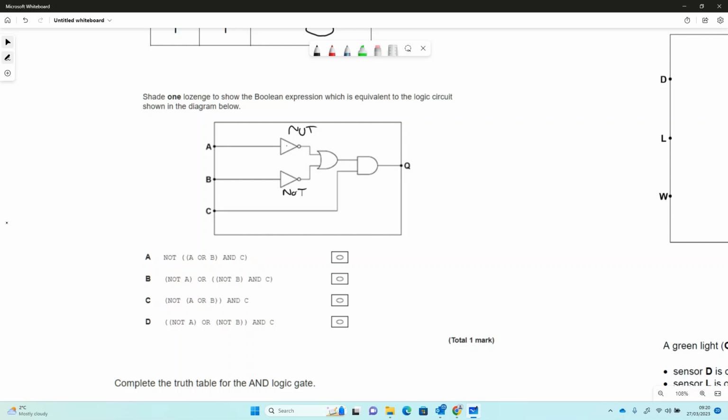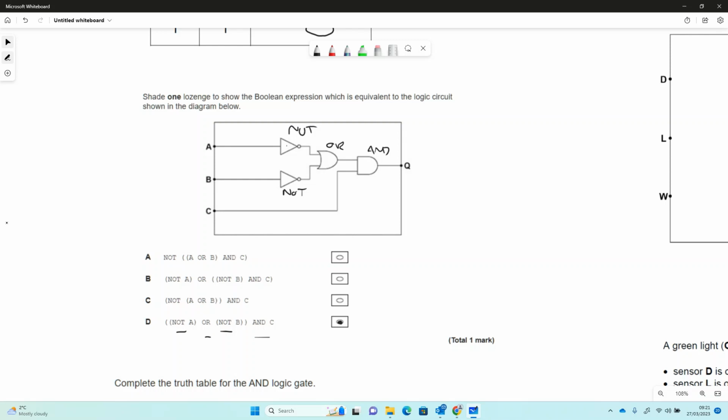We've got an OR gate here and an AND gate there. So our last thing there's an AND. So if we think about it from the point of view of what happens first, then we've got not A and we've got not B, and they're ORed, and then we're ANDing with C.